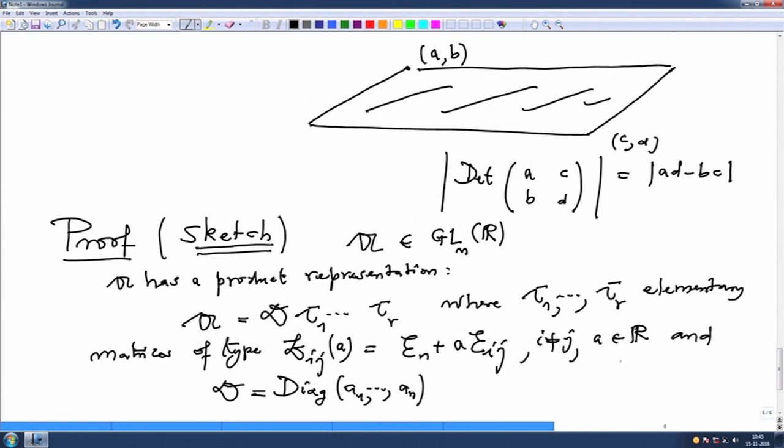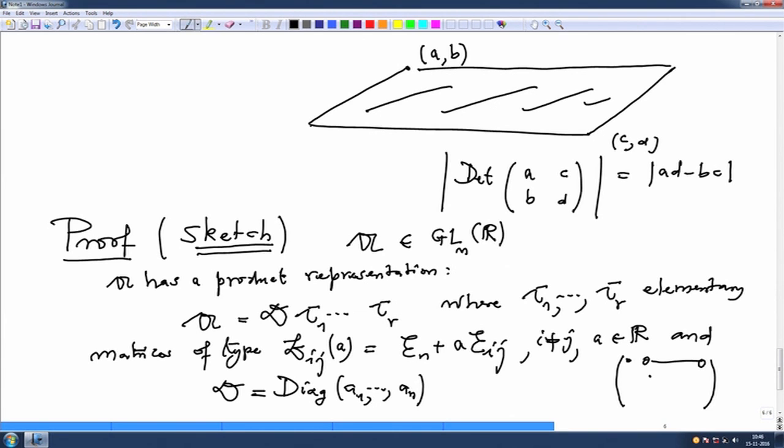Let me recall quickly what we did. We have a non-singular matrix. We use column operations to bring a non-zero element here, and then use column operations to make these all zeros. Similarly for the next one, and once you have done this, you go backward. So, this is very easy.